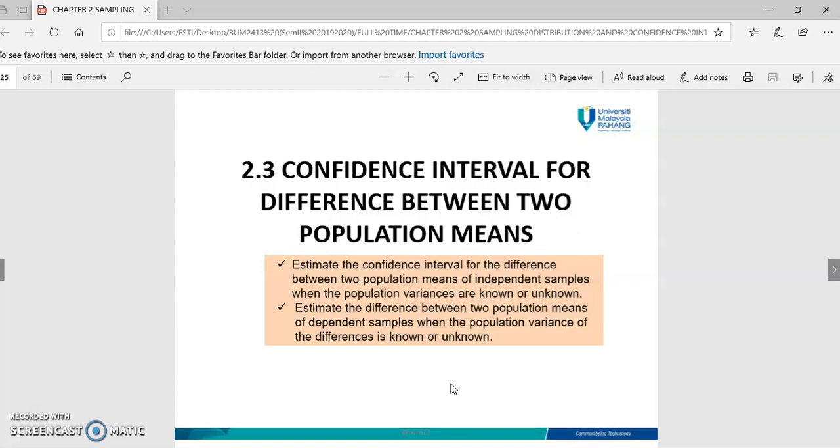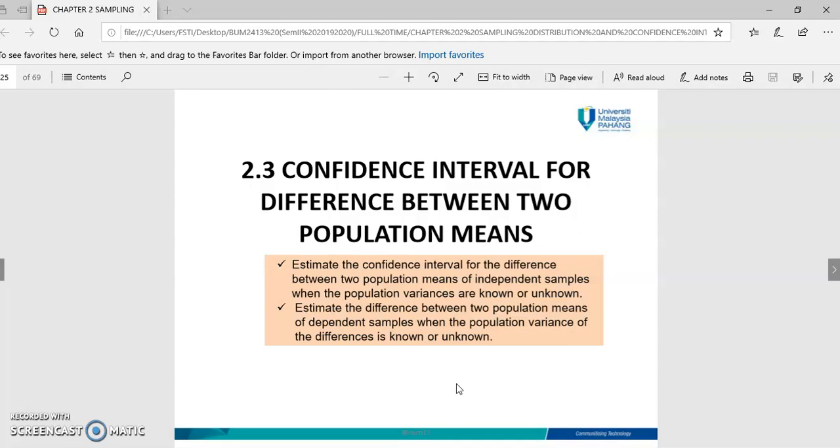The first one is to estimate the confidence interval for the difference between two population means of the independent samples when the population variances are known or unknown. The second one is to estimate the difference between two population means of the dependent samples when the population variance of the difference is known or unknown.